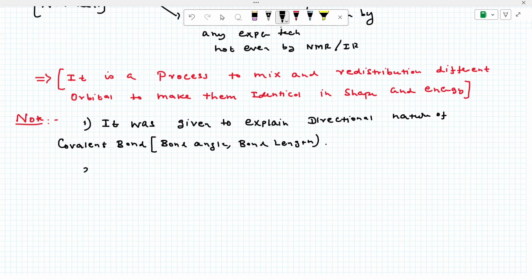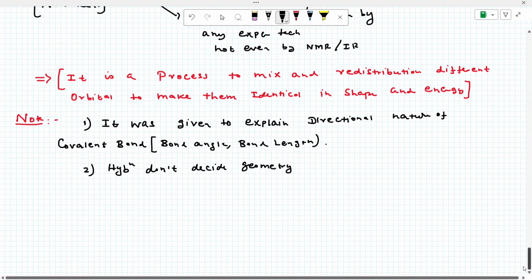Very important. The hybridization does not decide the geometry. Son, geometry of a molecule can be decided by repulsion, attraction. That is called VSEPR theory. Okay, that theory can explain the geometry of orbitals. Okay, now this is very important. Please note that point.